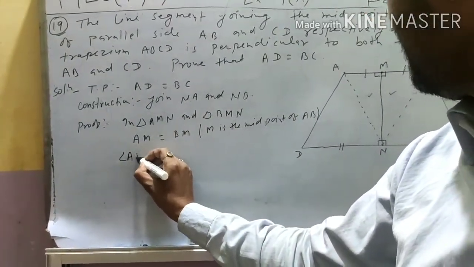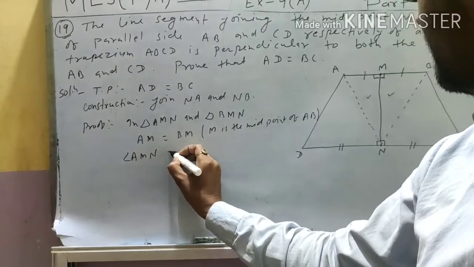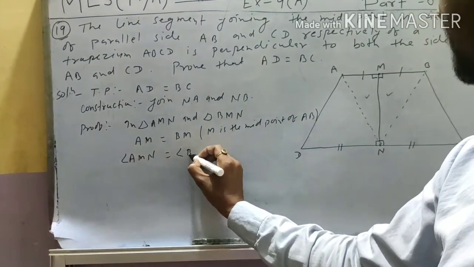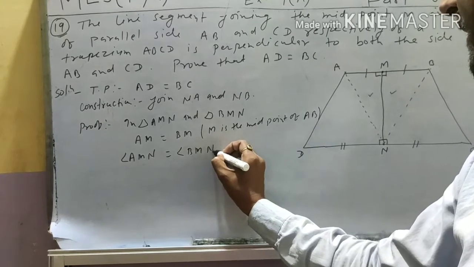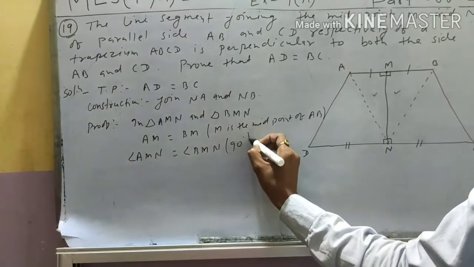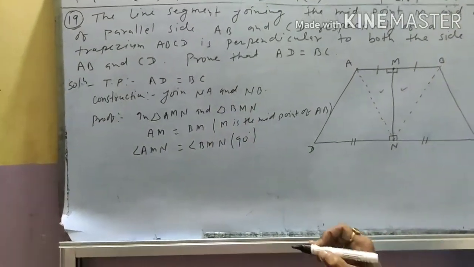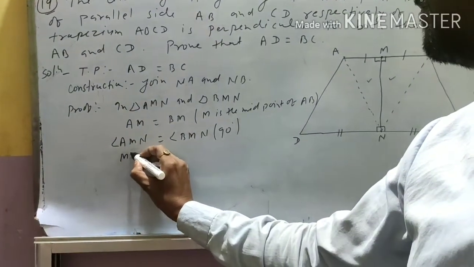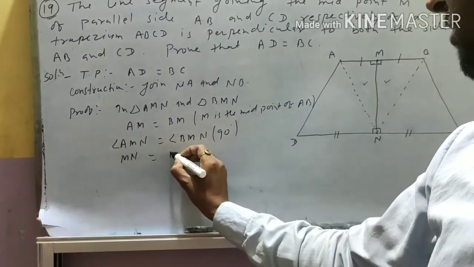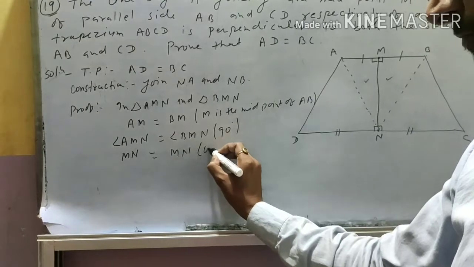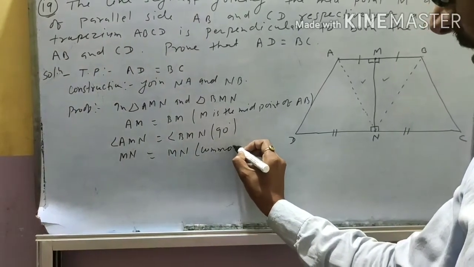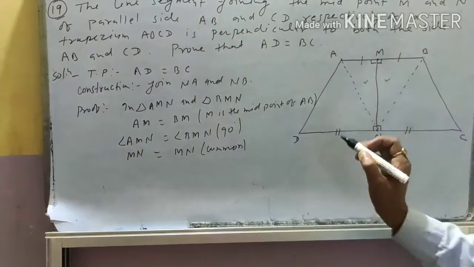Angle AMN is equal to angle BMN, 90 degrees, this information is given. And third, MN is equal to MN, common.